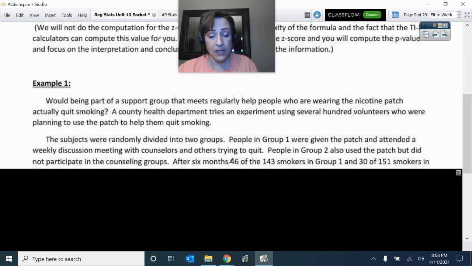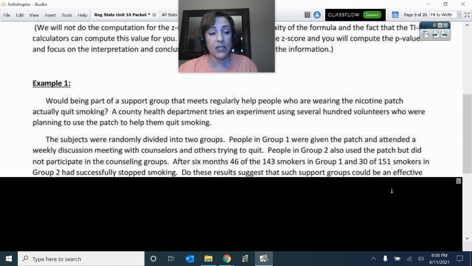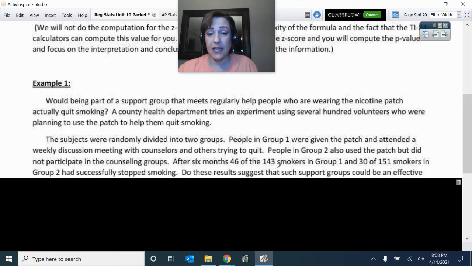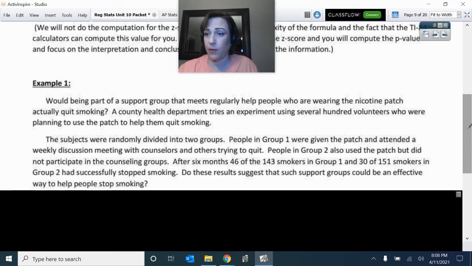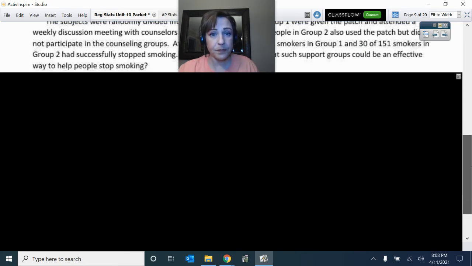After 6 months, here are the results. 46 of the 143 smokers in Group 1 and 30 of the 151 smokers in Group 2 had successfully stopped smoking. Do these results suggest that such support groups could be an effective way to help people stop smoking? So we want a yes/no answer as to, is this significantly better than the other thing? So we have two groups, two proportions.